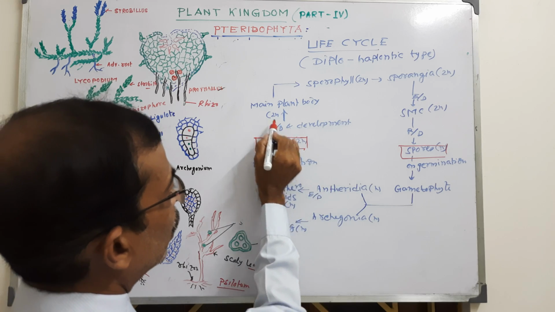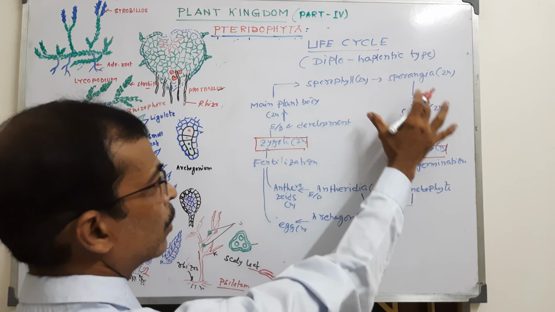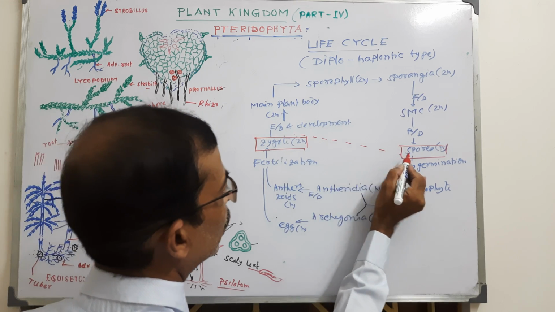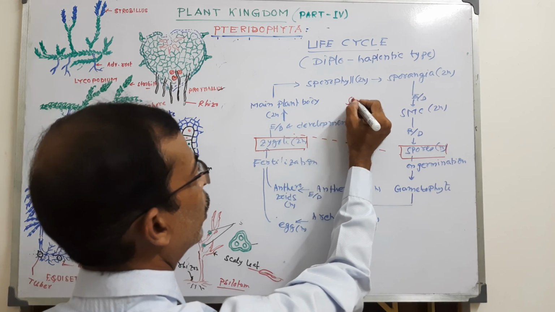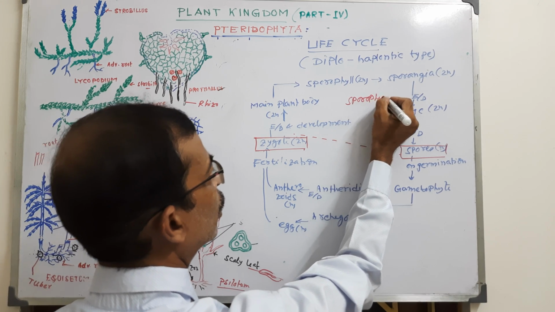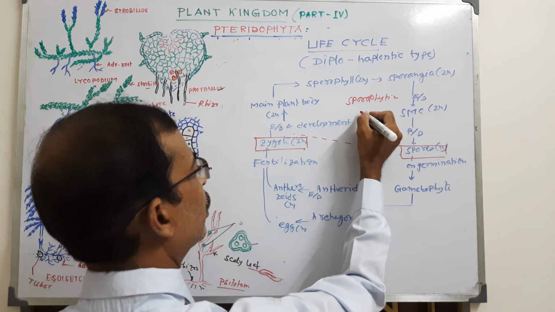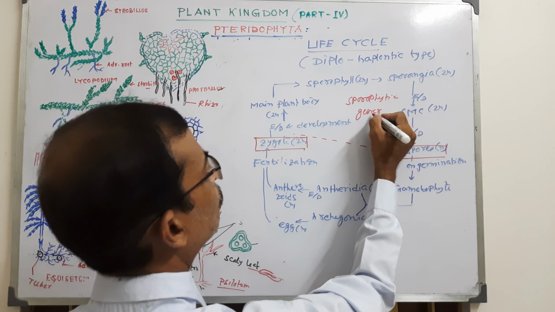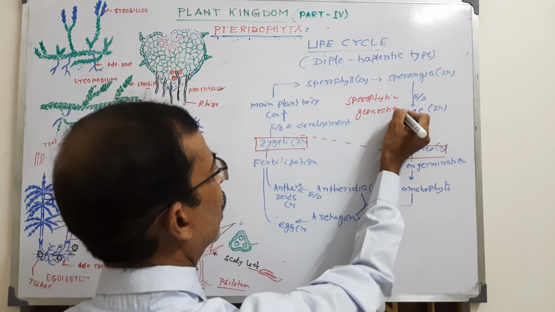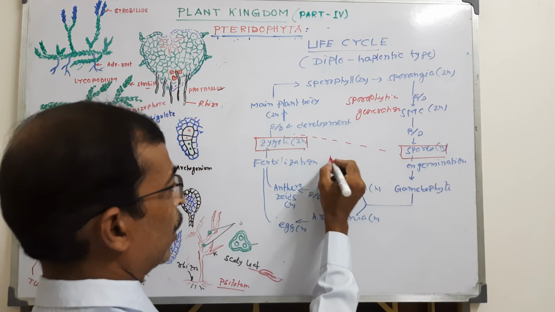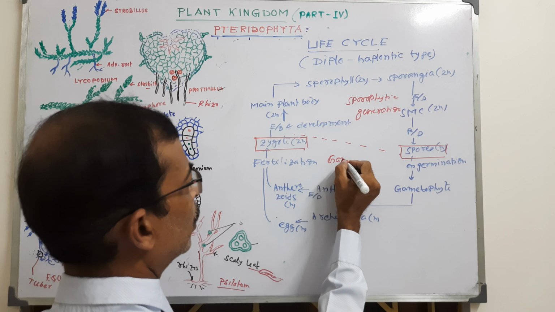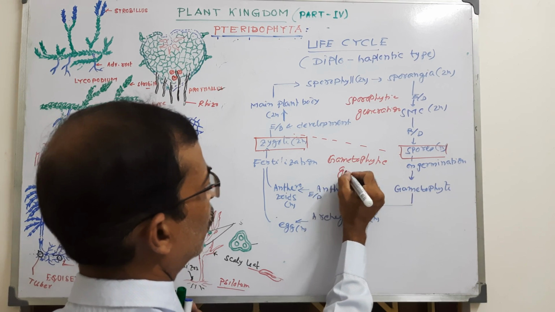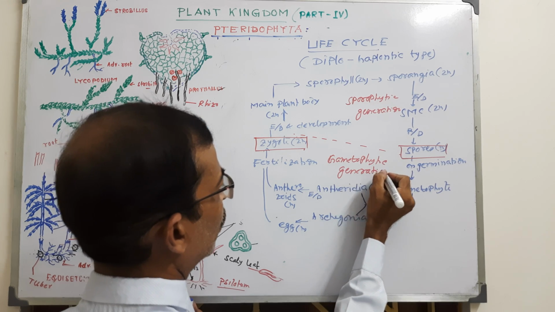This is the stage which is diploid in structure, that is the sporophytic phase or sporophytic generation or diploid generation. This is the haploid stage or gametophytic generation.